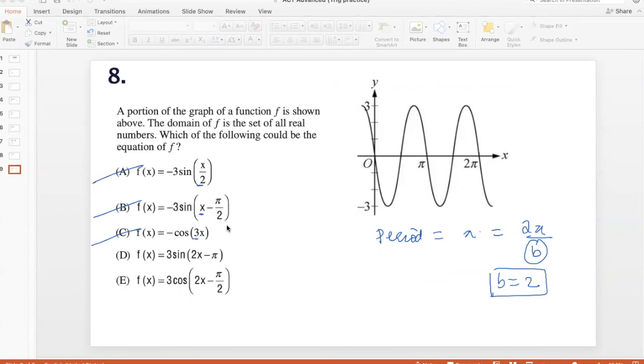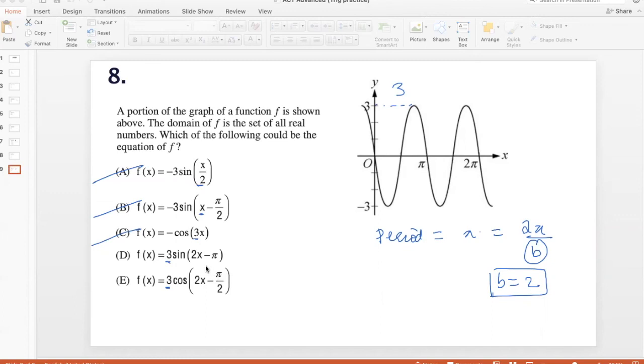Now, between D and E, let's just work with these. So the first thing I notice is that the amplitude is 3 in both cases, which is correct because the maximum value is 3 and the minimum value is minus 3, right? So the amplitude bit is correct.